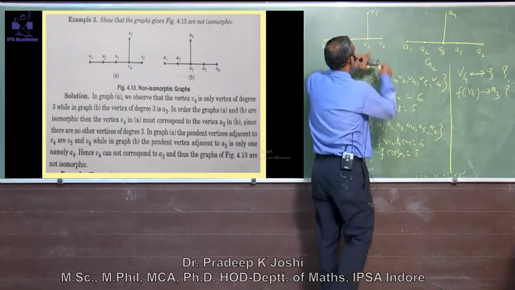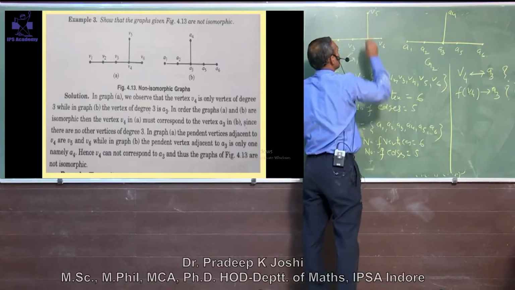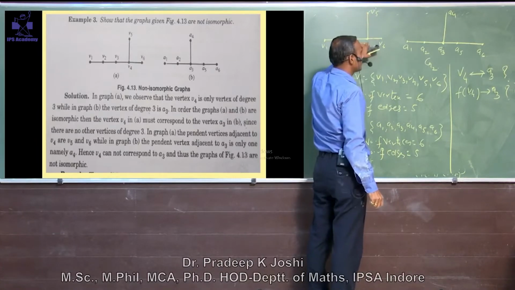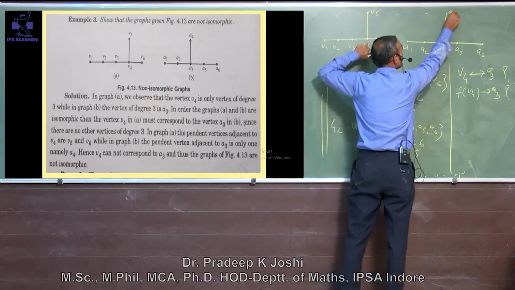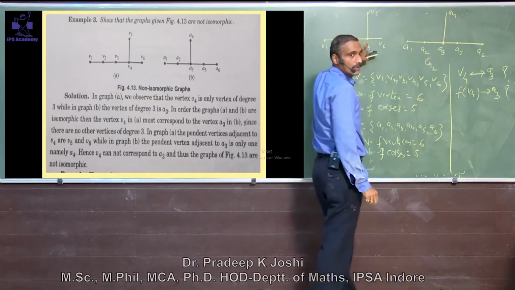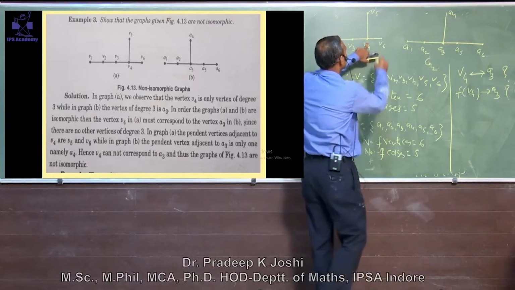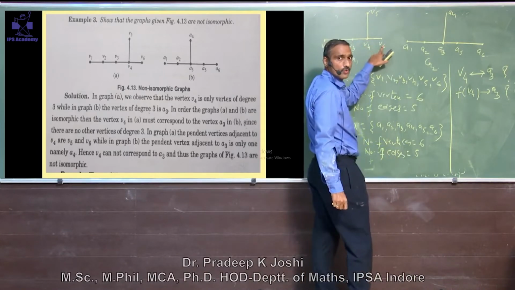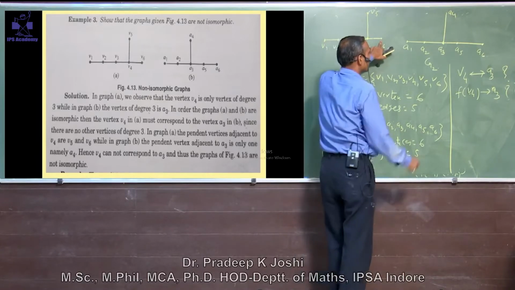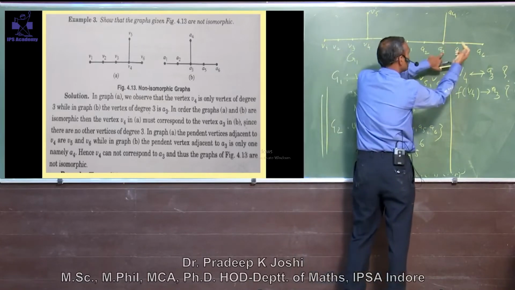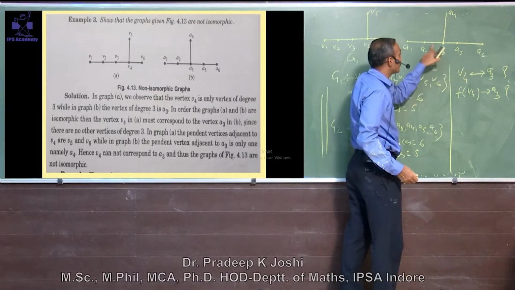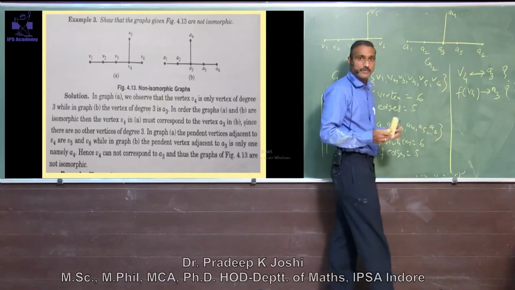Next, V5 is a pendant vertex adjacent to V4, and A4 is a pendant vertex adjacent to A3. But the other adjacent vertex of V4 is V6, which is a pendant vertex, whereas A3 has two adjacent vertices A2 and A5, and both have degree 2. So there is no pendant vertex.